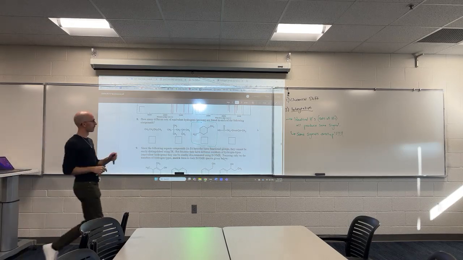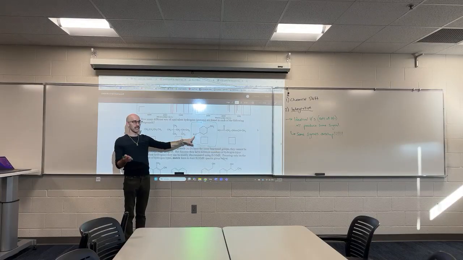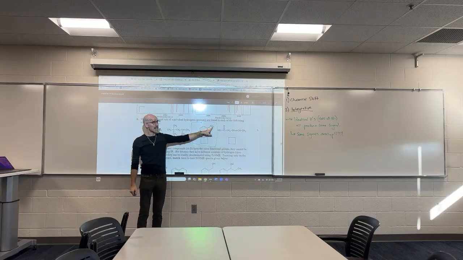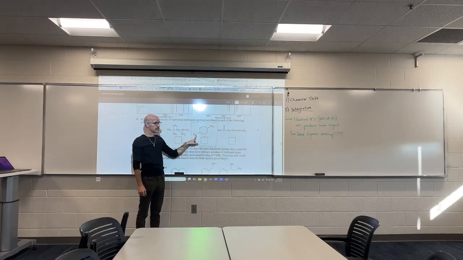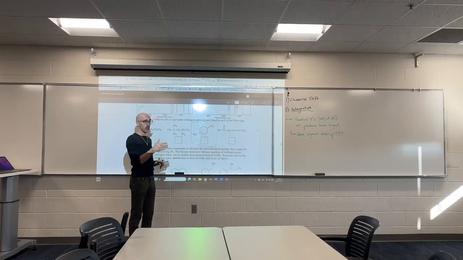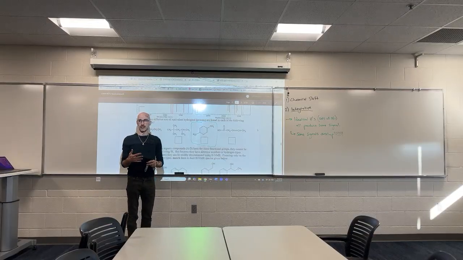Okay, let's start here. Methyl group, CH3. Are all of those hydrogens identical? Yeah, they're on the same carbon, so they're all identical to each other. This is not always true. We'll get to that. What about this CH3? Identical to this or not? We should be able to show a plane of symmetry if they are identical.